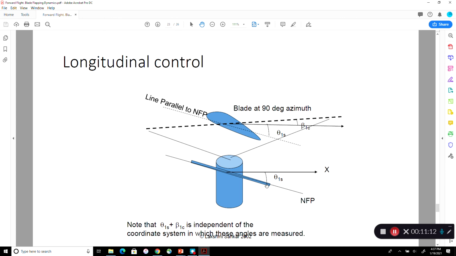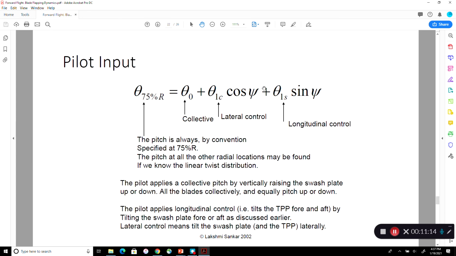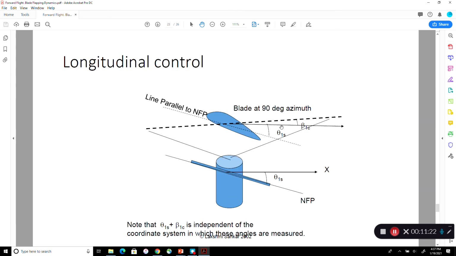So for example, when the pilot wants to pitch the right side blade by amount theta 1s sine psi, what the pilot is doing is tilting this Schwarz plate this way by theta 1s. So this goes up, then the pitch link causes the blade to rotate by that amount, theta 1s. Right?